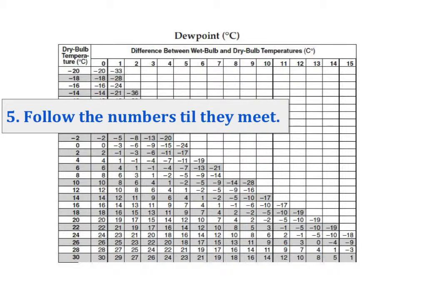Step 5, follow the numbers until they meet. So we found the dry bulb was 22, the difference was 10. If we follow 22 over and we follow 10 down, they meet right here, and that is our dew point temperature.